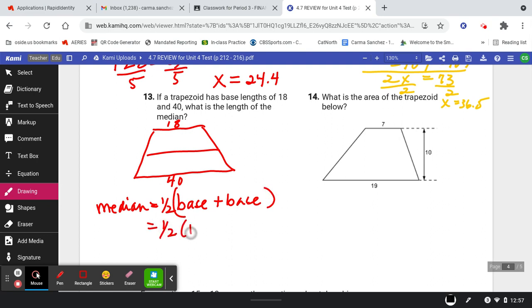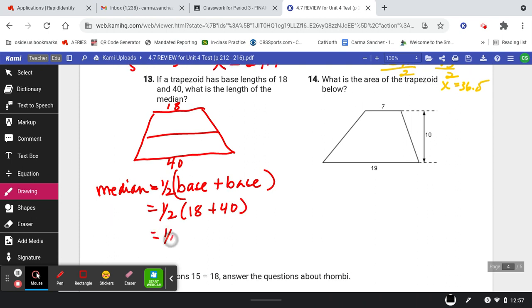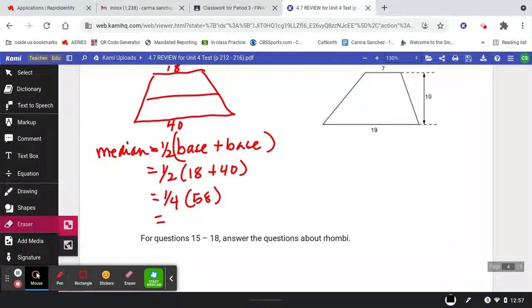So half of 18 plus 40 is half of 58. Go ahead and grab your calculator and divide 58 by 2. And I hope you got 29. How'd you do?